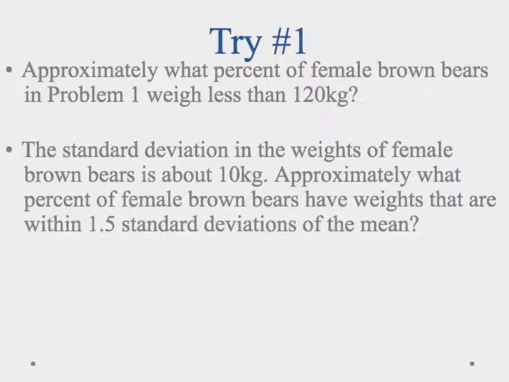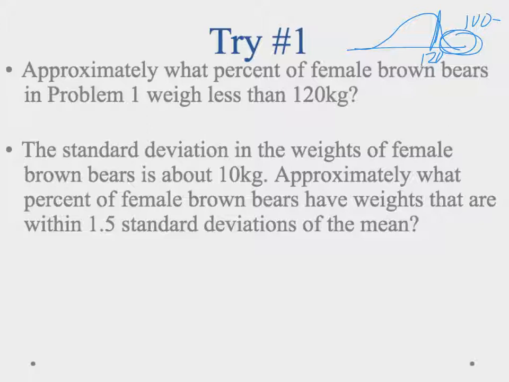It's easier to say those that are greater than 120, because if it's less than, we're talking about this bell curve, about here. If we got to 120, we should really say 100 minus those that are greater.